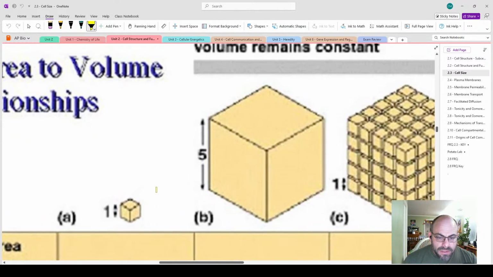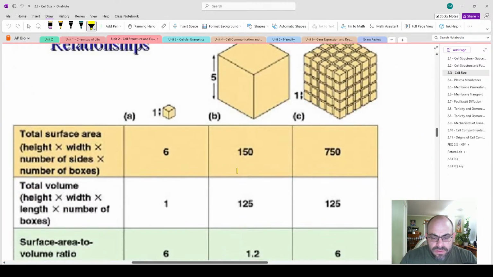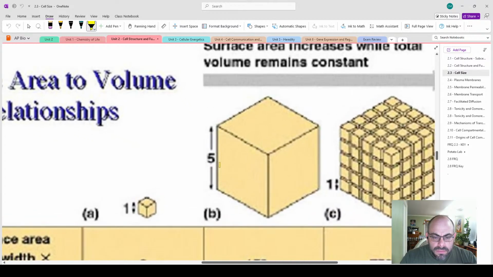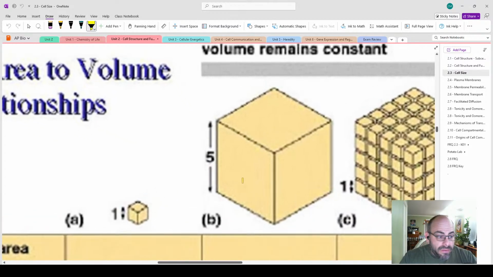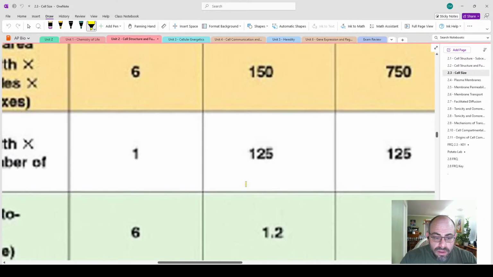So notice what happens here. The side only increased by 5, and the area is going to be a squared function, so the area is going to be 25 times 6, which is 150. And the volume is going to be 5 times 5 times 5, which is 125.